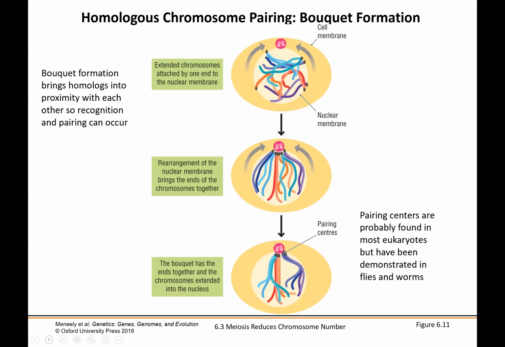So up here at the centrosomes, your chromosomes all line up like you would hold the stems of a bouquet of flowers. So you might use your hands or you might tie a bow around them and hold them together. That brings all of the chromosomes into close proximity. And that's how the cell actually ensures that your homologous chromosomes get together.